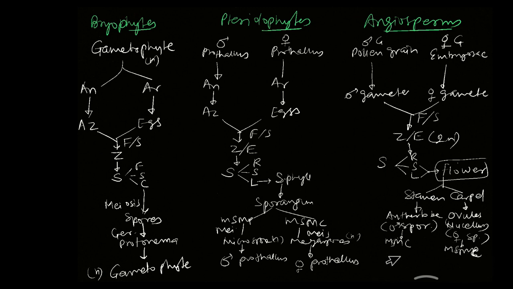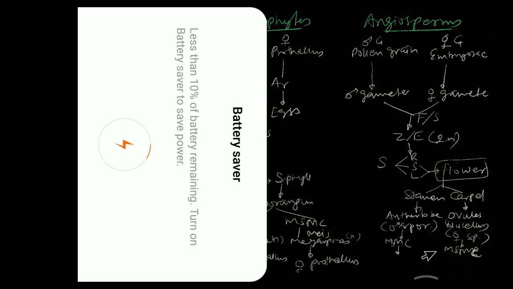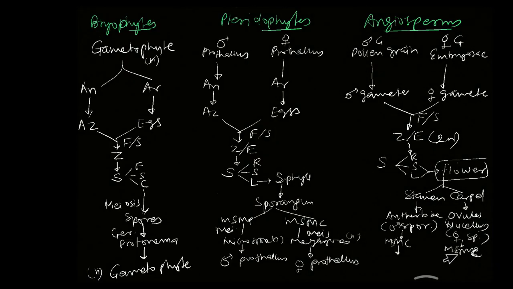Okay, after the meiosis, the microspore and megaspore mother cells are converted into microspores and megaspores, and these microspores are converted into pollen grains, and megaspores are converted into the embryo sac.